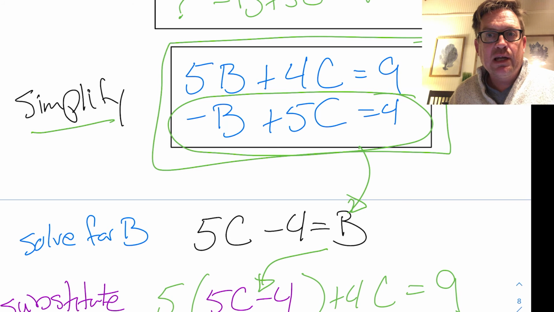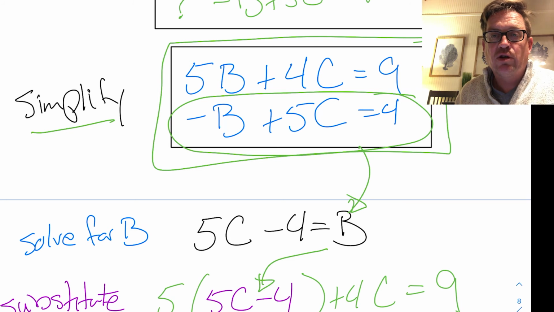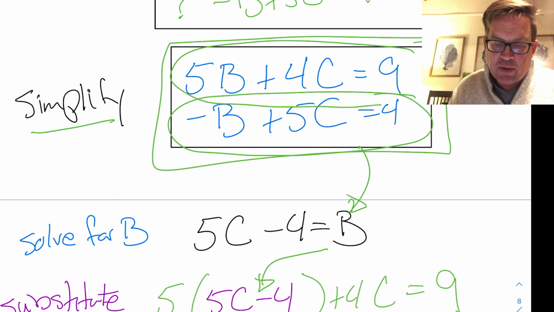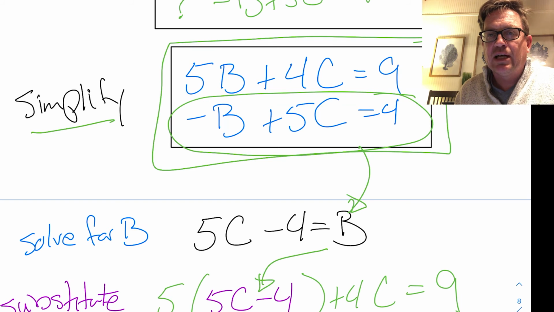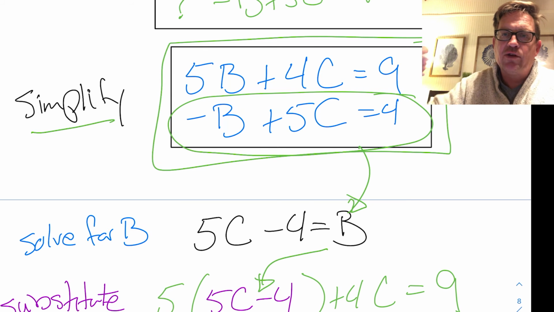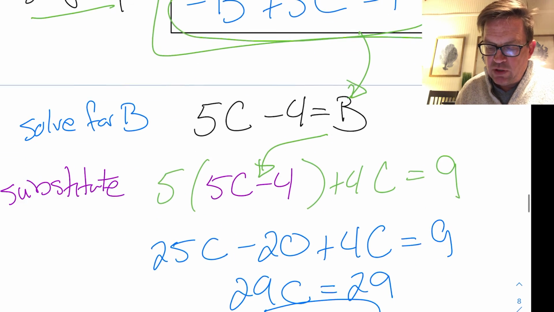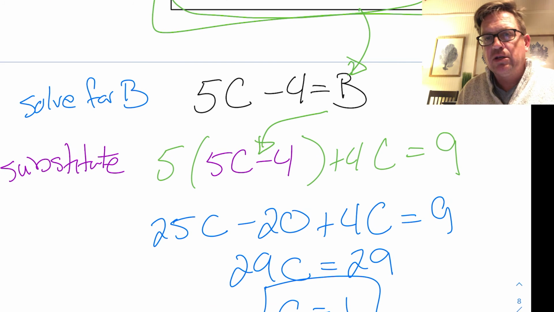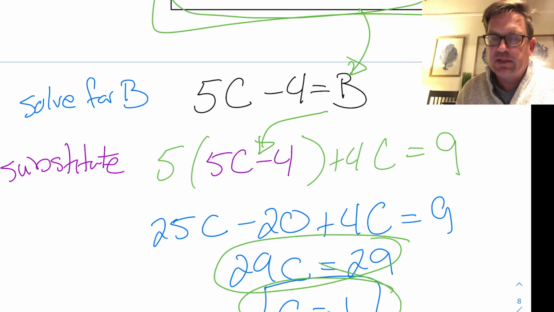You notice if you plug it into the same equation you solved for, everything would cancel out and I get 0 equals 0. So make sure you substitute into the other equation. And when you do that, you multiply everything out, move the C's to one side, solve for C, and in this case it comes out nicely, C equals 1 volt.